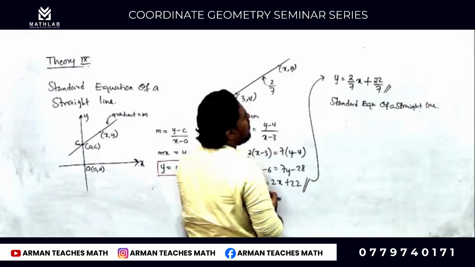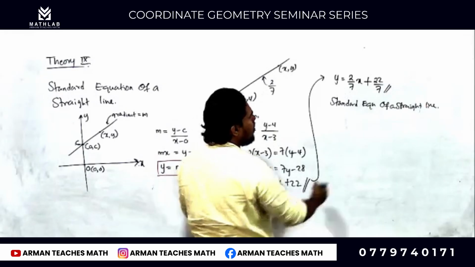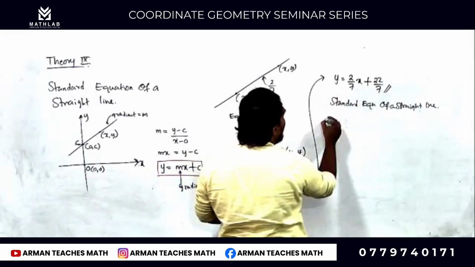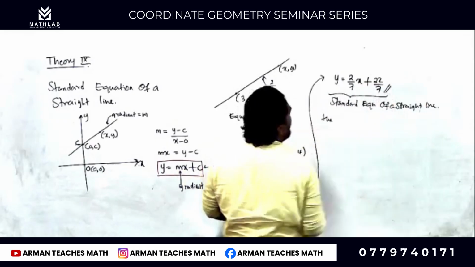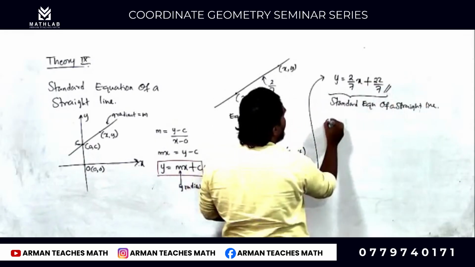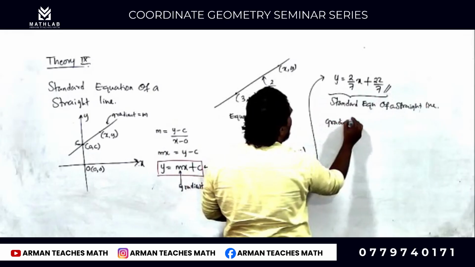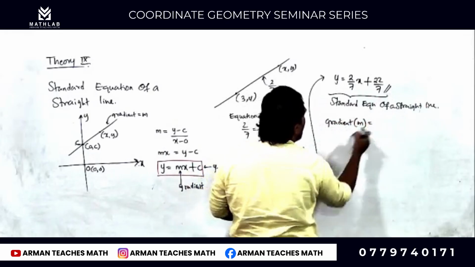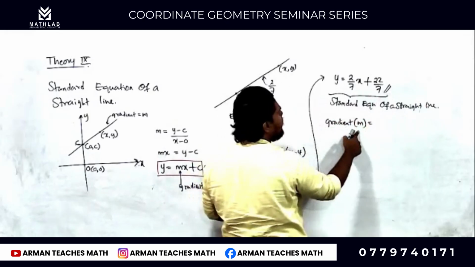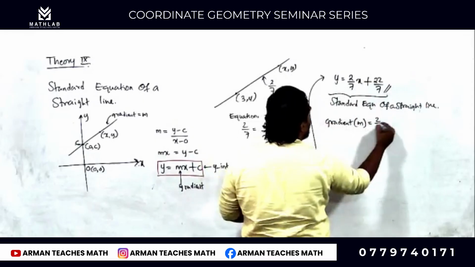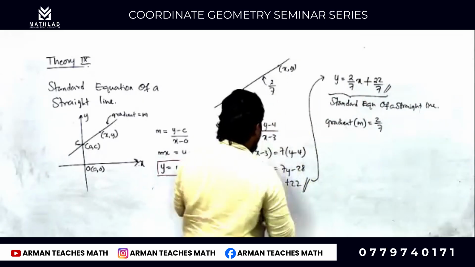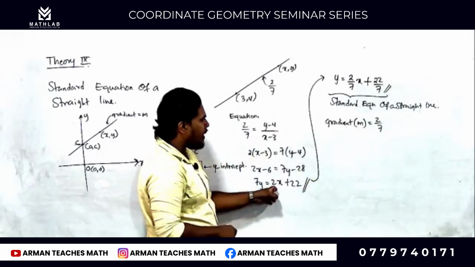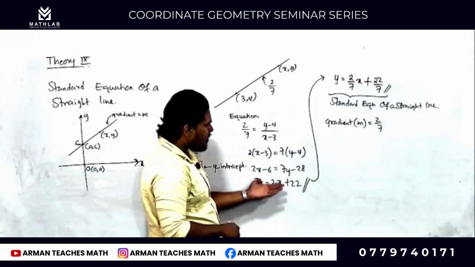Right, now listen. We know that this is the standard equation of a straight line. So we know that the gradient, usually denoted by the simple m, is 2/7. The coefficient of the x term is going to be the gradient. Here in this case 2 is not the gradient, because this is not in the standard form.